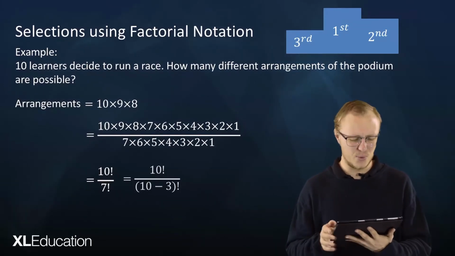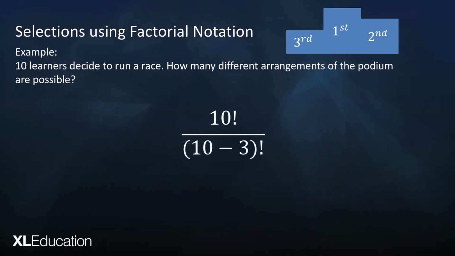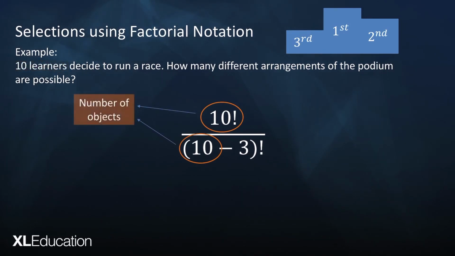Okay, so why are we playing these games? Well, if we look at that 10 factorial divided by 10 minus 3 factorial, that 10 is the 10 learners, right? So that's the number of objects in our set. Not that learners are objects, but anyway. So that is our n.